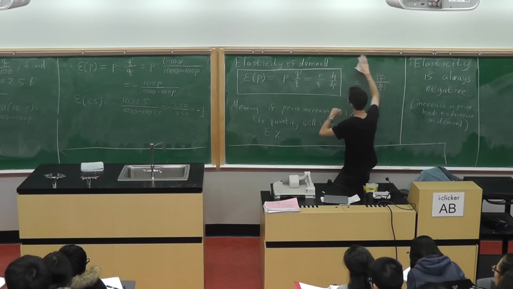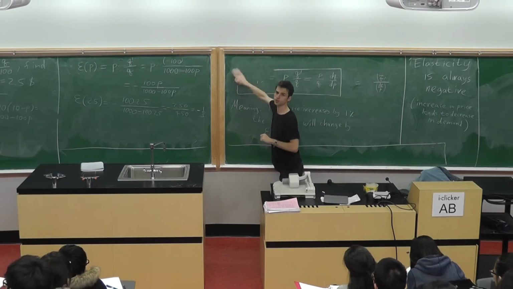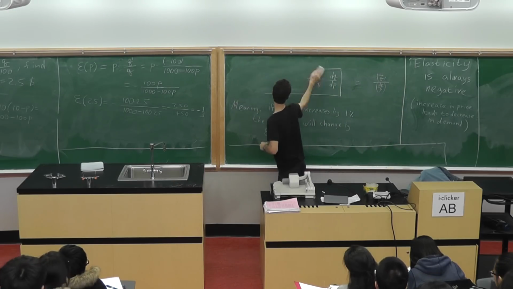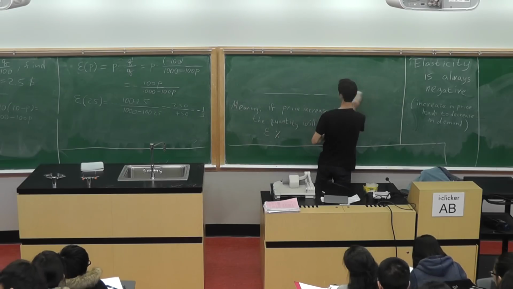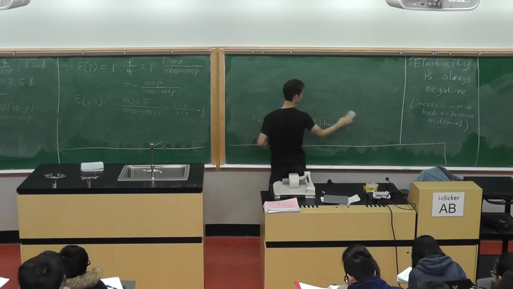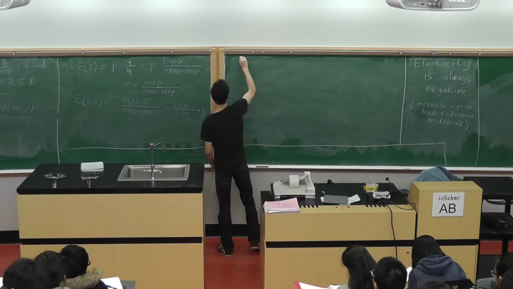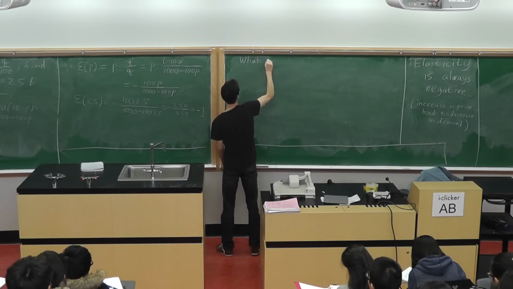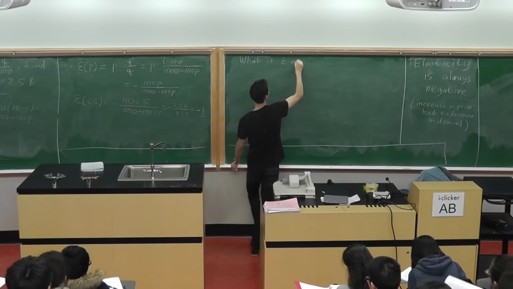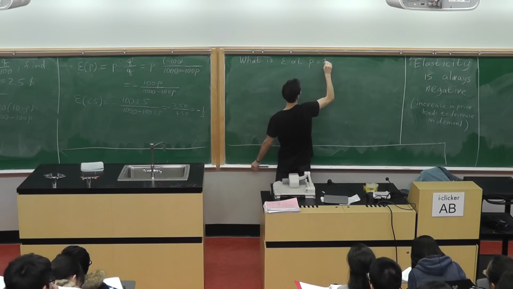Now, let's look at what happens at a different price level. What is the elasticity at T, which is 7.5?